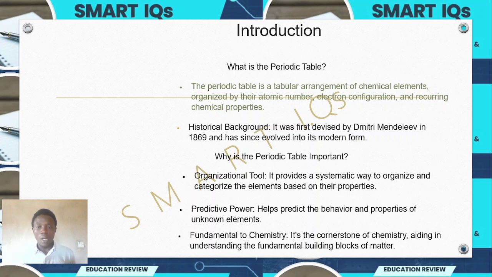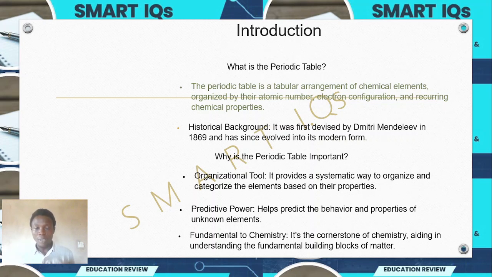Of course, we know that matter is anything that has mass and occupies space, right? Good. And we talk about atoms, elements. Are we okay? Before we talk about elements, we talk about the states of matter: the solid, liquid, and gaseous state. From there, we are able to understand what an element is before we talk about the periodic table.